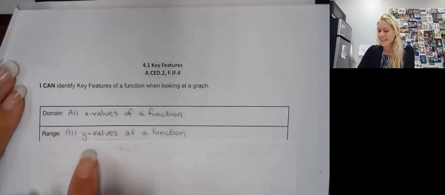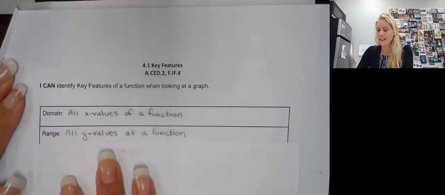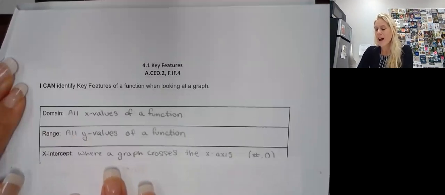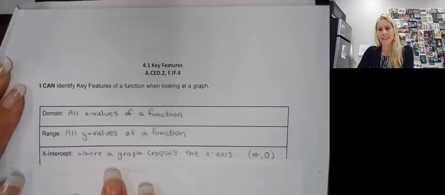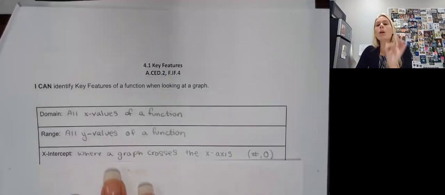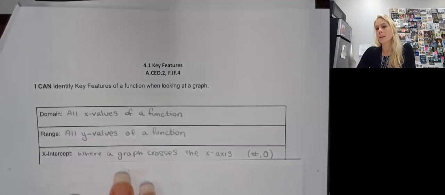Okay. Now let's go to our X intercepts. Hopefully we know these already, right? It's where the graph crosses the X axis. The other thing I want you to remember is it's a coordinate. Many teachers in the past have probably not been concerned with you just saying the X intercept is at 5.